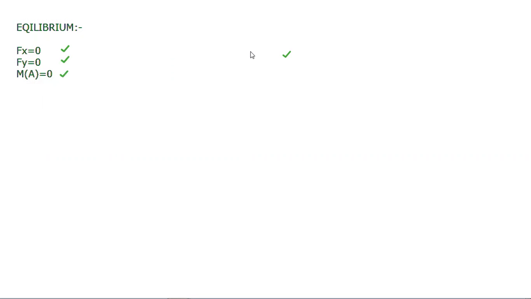So this thing we have also seen in previous lecture and numerical. We have also seen the support reaction numerical.